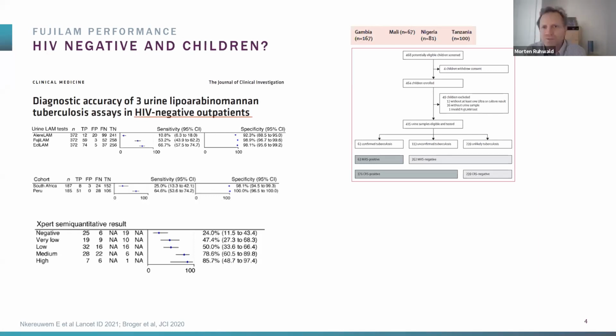Of course, it's a very difficult patient population to study because the reference standard, the diagnostic tools we have for children at the moment, are very bad or not good enough. So here they had about 450 urine samples from 63 confirmed TB patients.